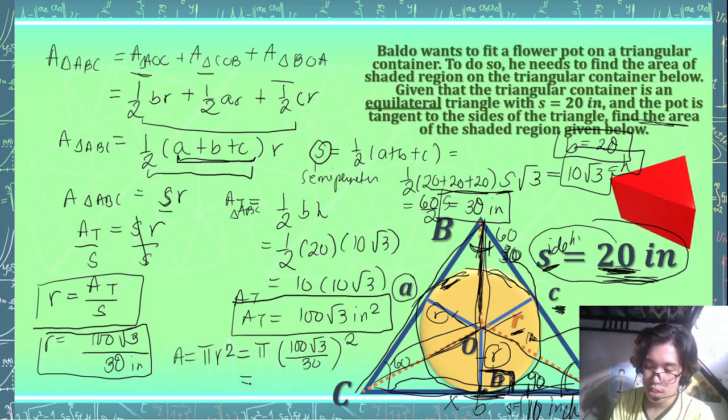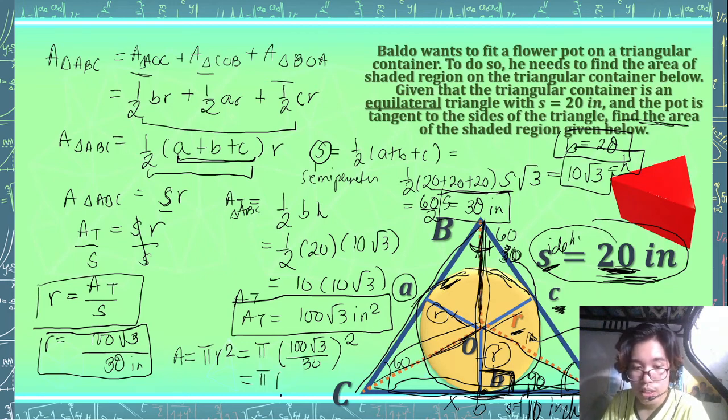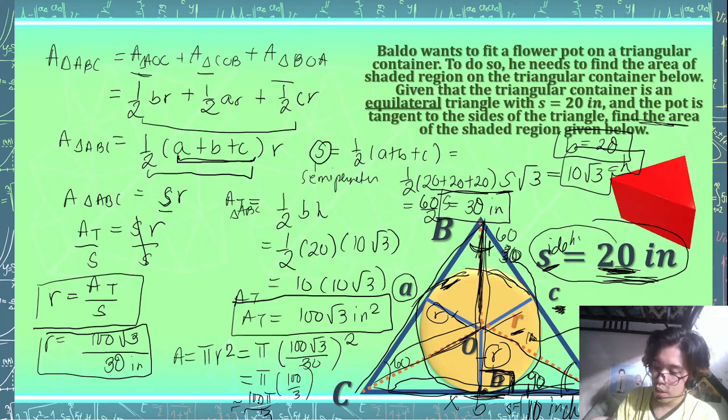That's going to give us 100 square root of 3 all over 30. Then we can square that. So that's going to give us simply pi times 100 all over 3, and this should give us 100 pi all over 3. And what's 100 pi all over 3, guys? 100 pi divided by 3. So that's just equal to 104.72.